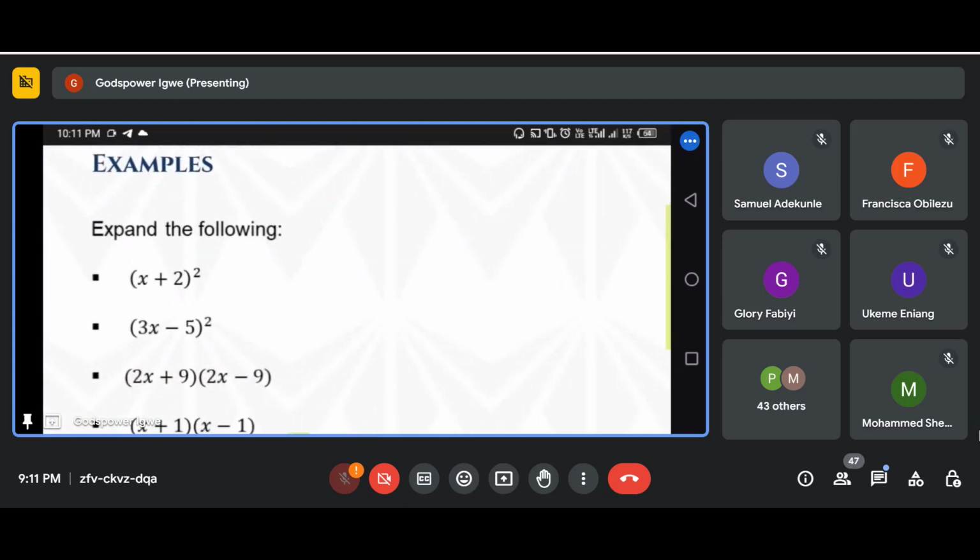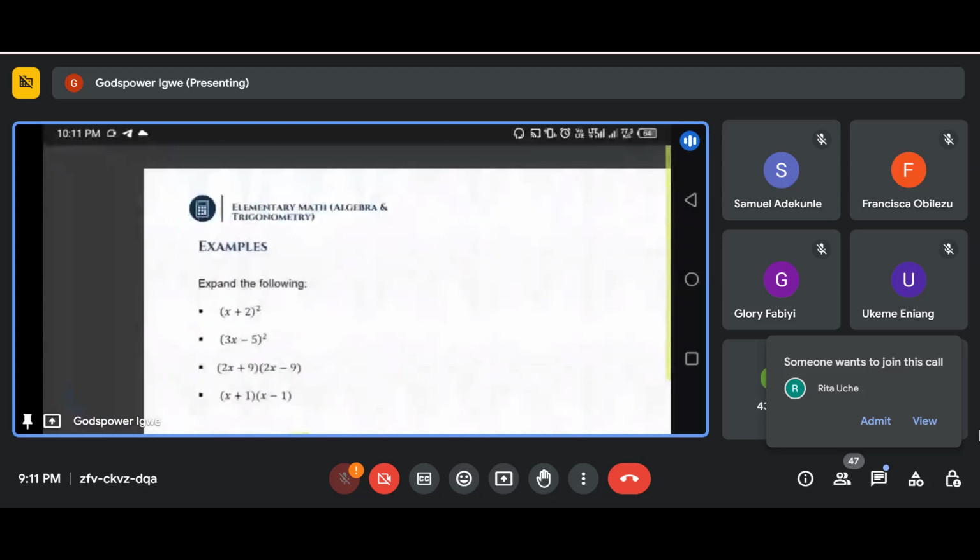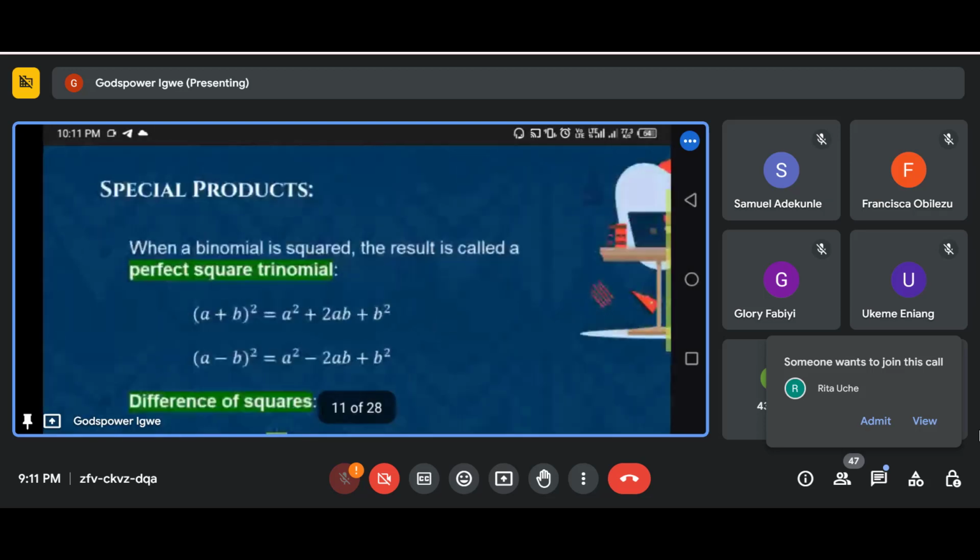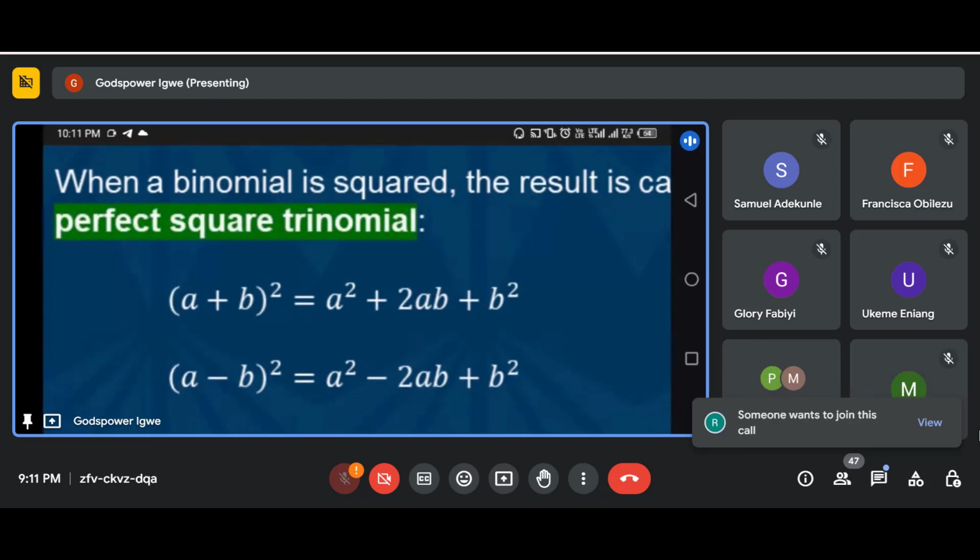For example, they're giving us an example now. This is (x plus 2) squared. It's just taking the loop of this form, a plus 2 squared.